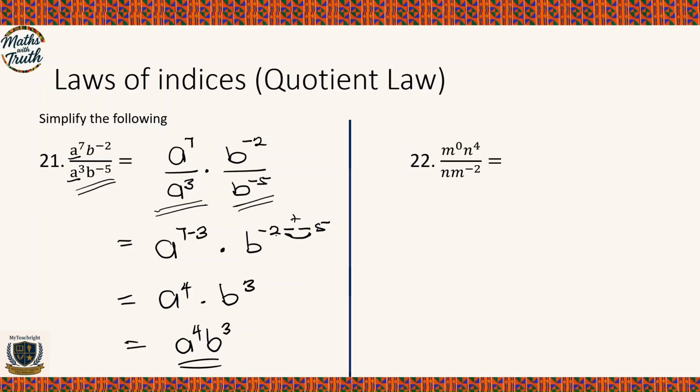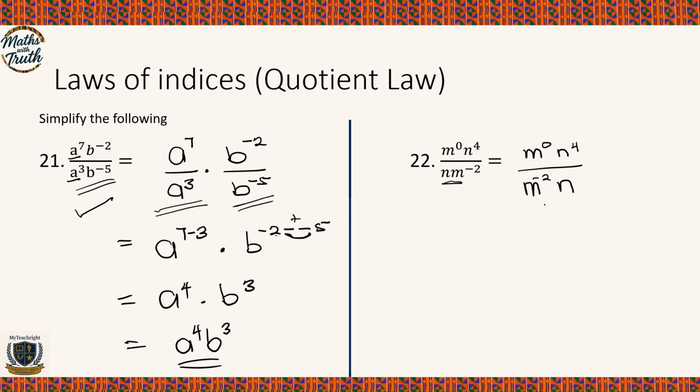Okay, now we proceed. Number 22. M exponent 0, n exponent 4 divided by n, m exponent -2. So here we can rearrange this a bit so it's going to align like this one did. So we have m exponent 0, n exponent 4 divided by m exponent -2 and n.